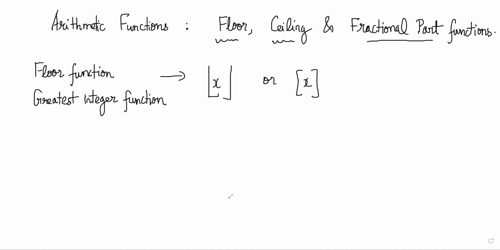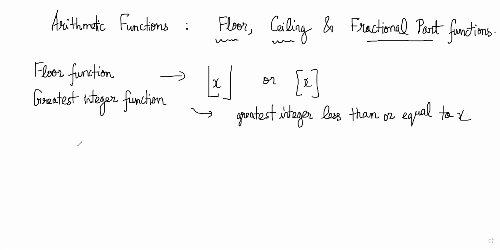So what does this function do? It finds the greatest integer less than or equal to x. If you give any input x to the GIF function, you get the greatest integer less than or equal to x as the output.